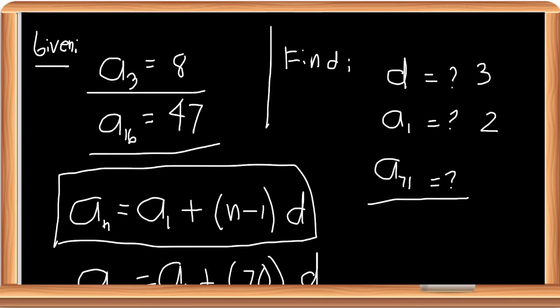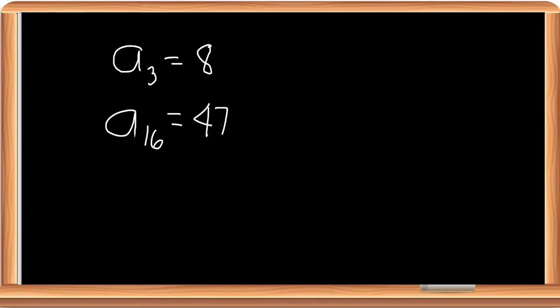Okay. Ang shortcut ng pagkuha ng common difference, no? Paano natin gagamitin yung formula in getting the common difference kung hindi nyo alam yung a sub 1. Natural hindi mo alam yung a sub 1 eh, ang given kagad a sub 3 tsaka a sub 16.